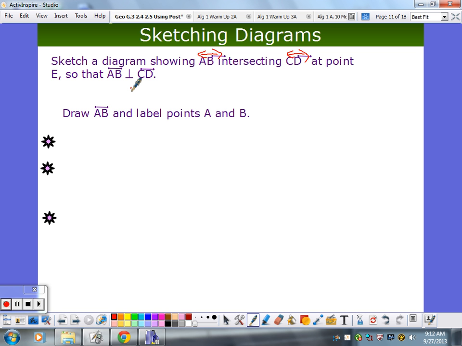And then, once you think you have it, raise your hand. There's a little chance to think about it. I need somebody to come in and draw it for me. You're going to draw a diagram that describes the situation. You've got line AB intersecting CD at point E such that they're perpendicular.